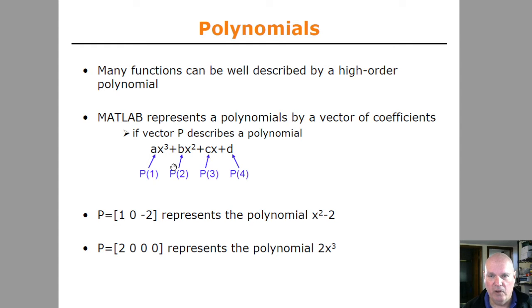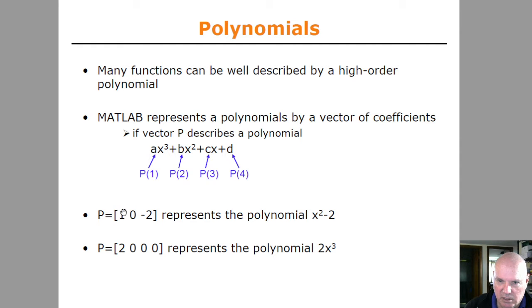They represent a polynomial, in MATLAB, by its coefficients. So the length of the vector determines the order of the polynomial. Let's start on the right-hand side. This represents the constant element. This would represent the coefficient of the x element.